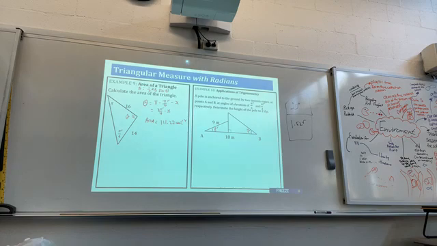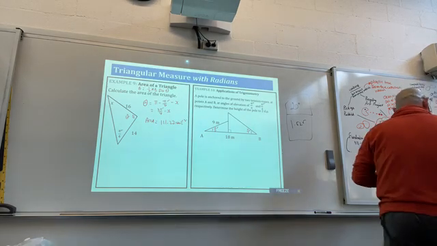The angle of elevation from the positive x-axis? No, it doesn't matter. It's just always from the horizontal, that's all. You measure from the horizontal. Angle of elevation has no direction, not something like bearings. What is the difference to angle of inclination?